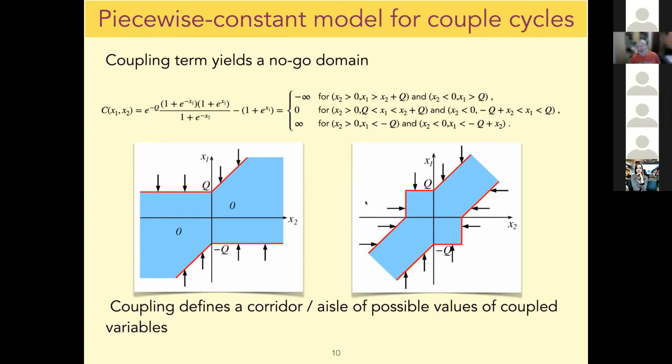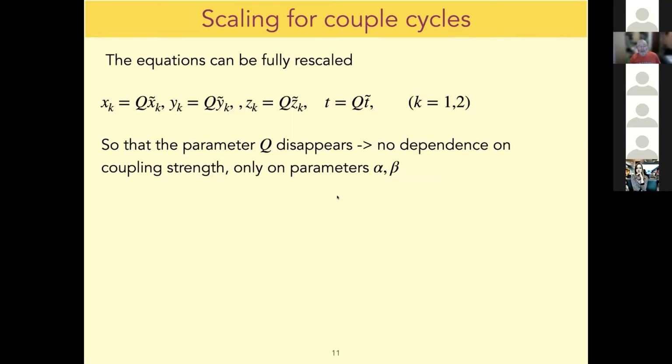Yeah. So this is how the piecewise constant model describes coupling between two heteroclinic cycles. What is interesting in this representation is that you can rescale the equations and get rid of the parameter Q, because it just defines the scale of the variables and time, and then it disappears from the equations.